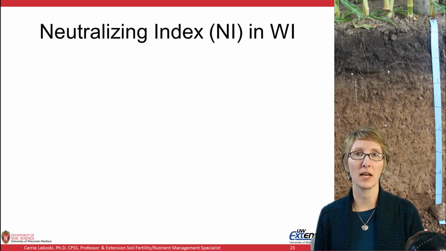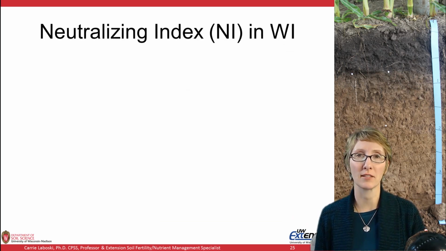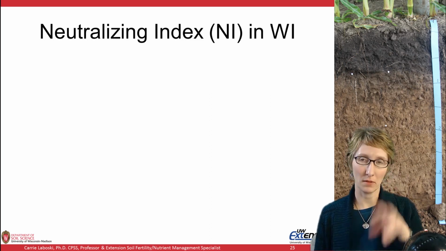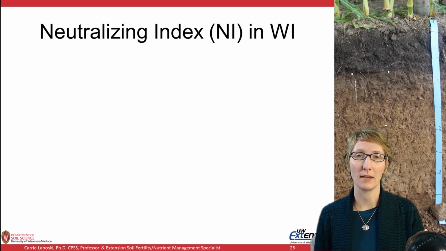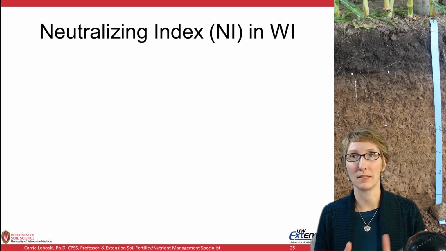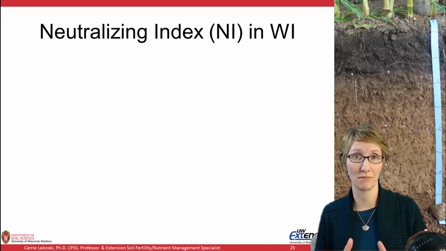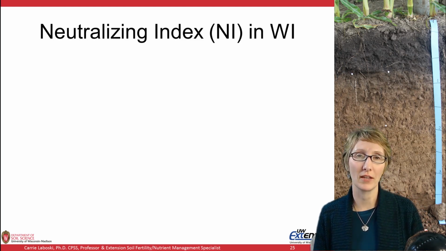Now, actually calculating the neutralizing index as we do here in Wisconsin. Before I get into this, it's a good place to remind folks that the neutralizing index, or the effective neutralizing power, there are different names for neutralizing index in different states. They're all calculated often a little bit differently, so you really need to know what's going on.